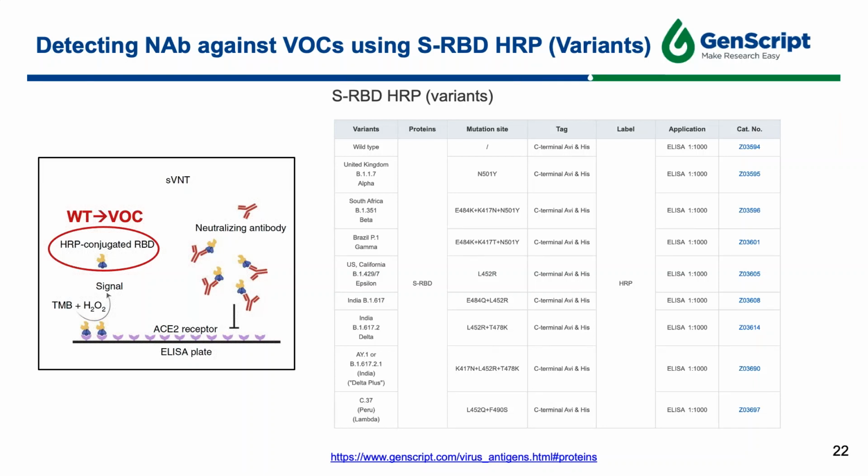Or can we just use the same cPass protocol uploaded on the website, but replace the wild-type HRP conjugated RBD with VOC HRP conjugated RBD? Thank you very much for this question. You can simply replace the wild-type RBD with the variant RBD, and the protocol is still the same as when you use the wild-type RBD. So yes, you can use the same protocol to perform the test.